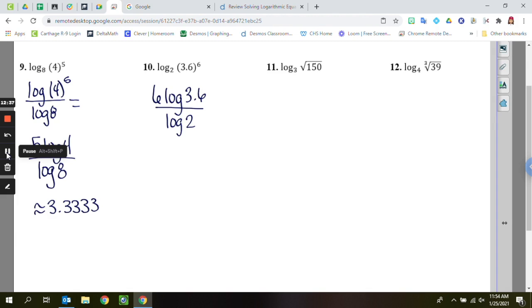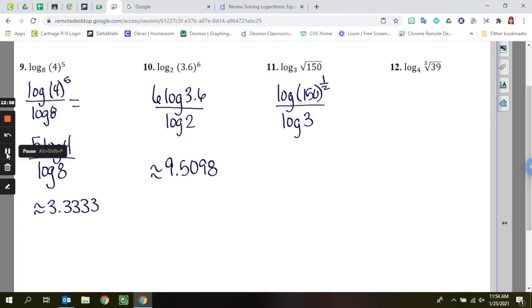We get approximately 9.5098. It's tricky when you're working with exponents. Okay.